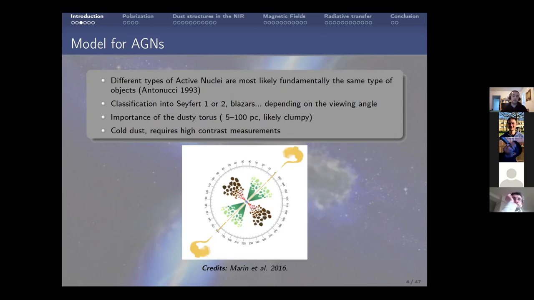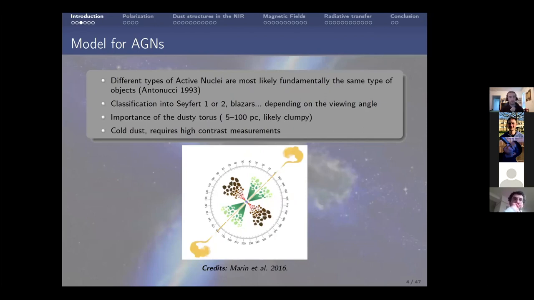Then you have, in red and brown, the optically thick material which is blocking the light from the very center depending on the viewing angle. If you're in the plane of the equatorial material, you will not be able to directly see the center. If you see it from the pole, you can see it. You also have this green ionization region, and you can also have some jets, here in yellow.